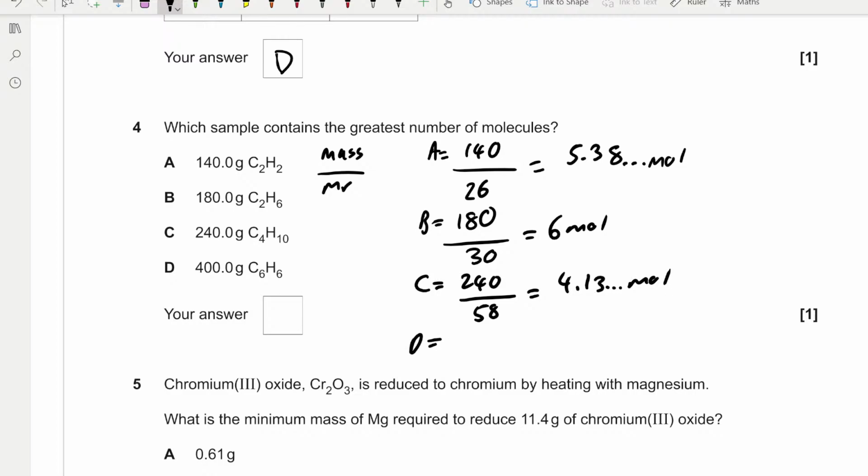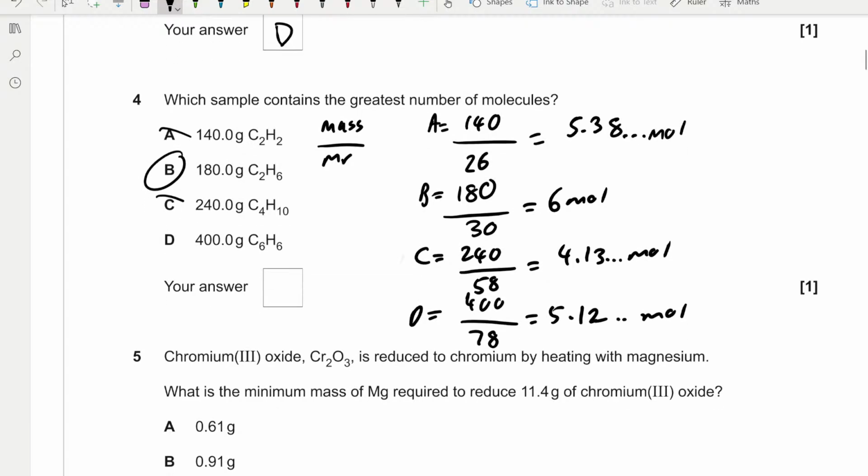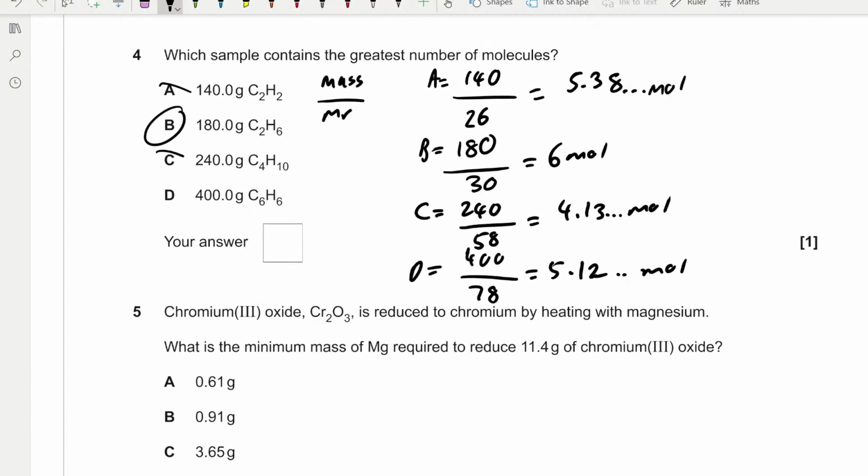And D, so we can immediately eliminate A and C. D gives us 400 over 78, which is 5.12 moles. So we know that it's answer B, which is 180 grams of C2H6.